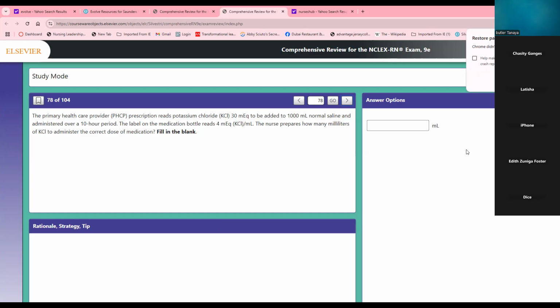This one is similar, the one a lot of people miss. What's your desired dose here? 30 mEq. Okay. Now, what does that 1,000 mL represent? The whole bag, the volume. The bag, but it's also saline. I would call that my vehicle.